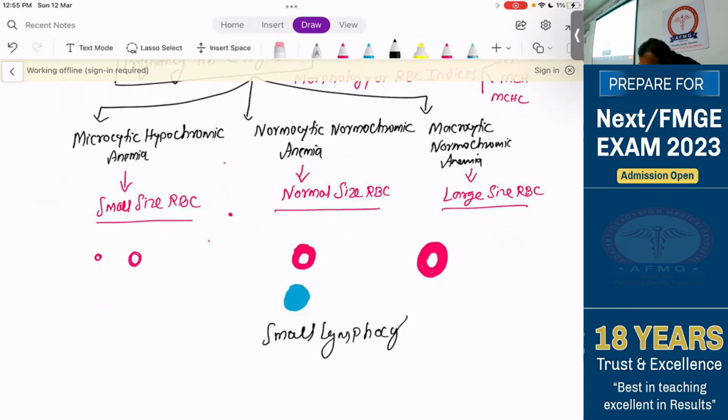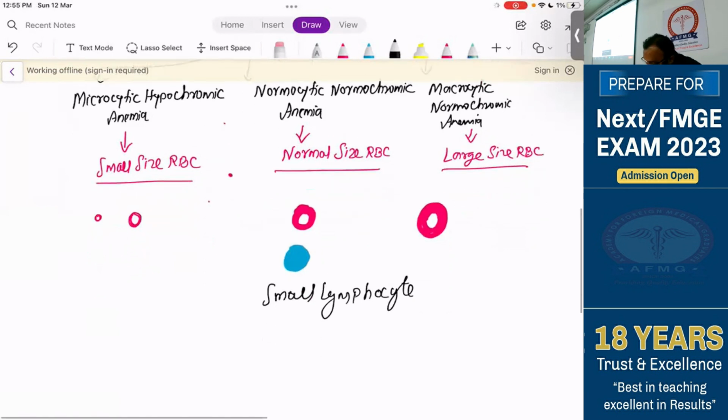Small lymphocyte usually has size equal to normal RBC. अब आप कोई भी सेल बना के दिखा तो मैं बता दूंगा वो छोटा है या बड़ा है.